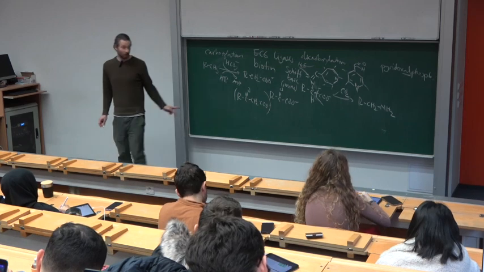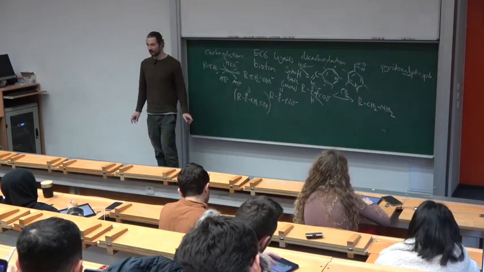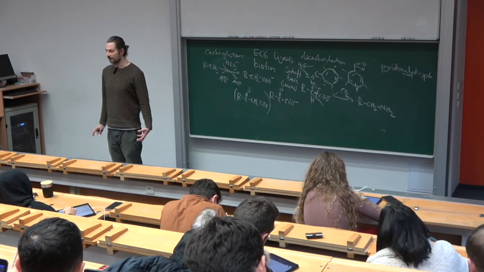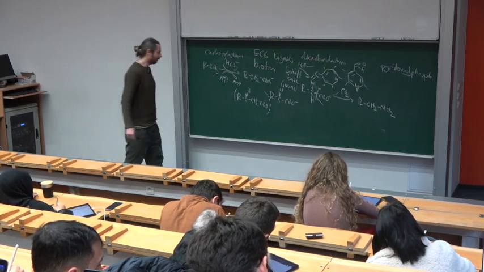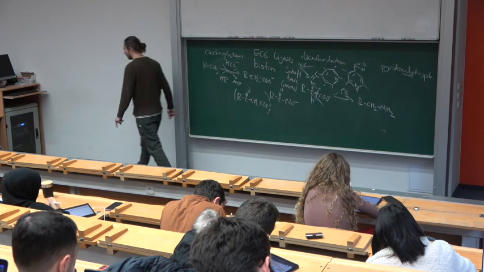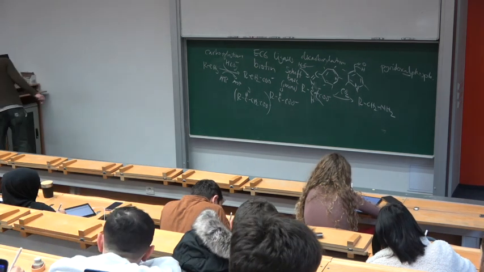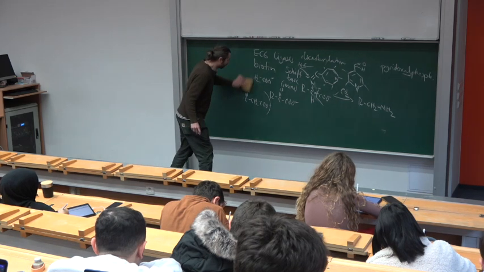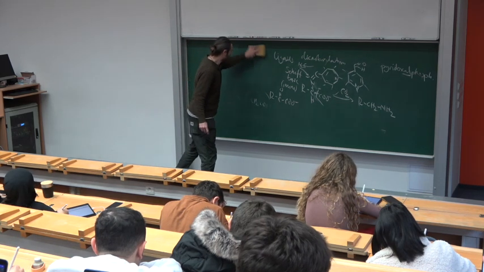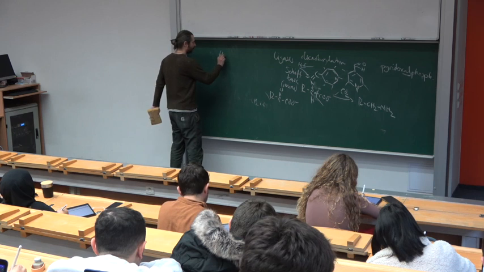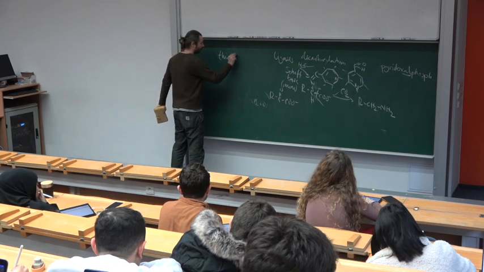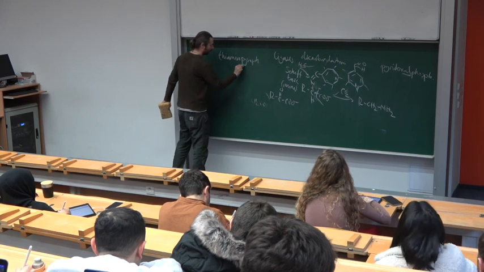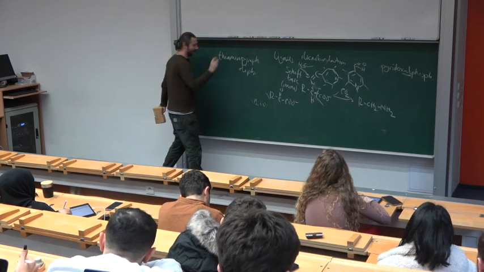The coenzyme which starts the decarboxylation of alpha-oxo acids is called thiamine pyrophosphate, or thiamine diphosphate, which is actually the correct name. That's the coenzyme.